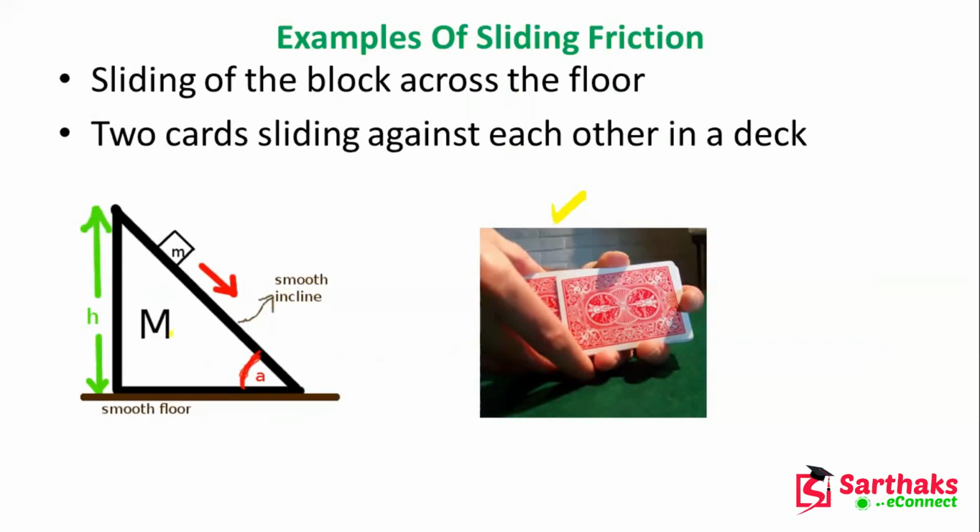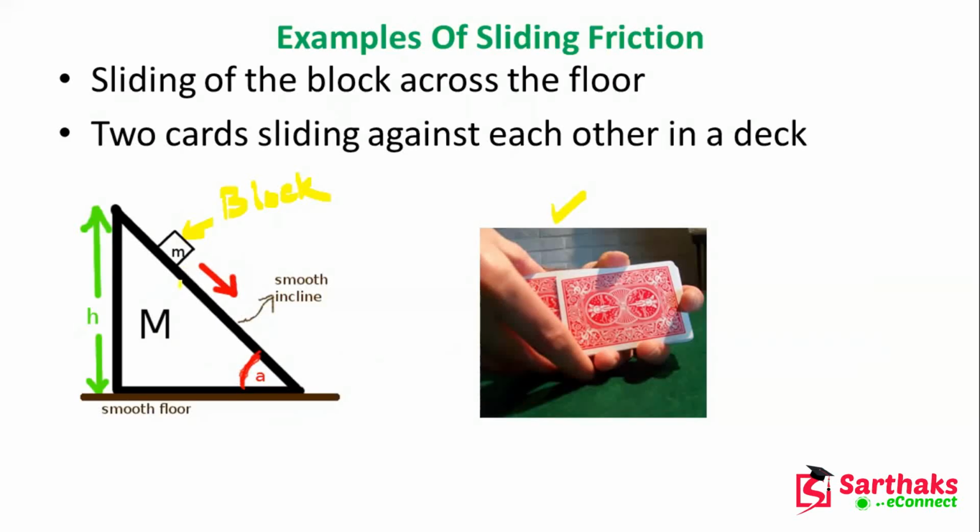Another thing that I have just described is the inclined plane, where some block is here having the mass m. The sliding of this block across this floor is an example of sliding friction, because this block will feel some frictional force against its motion.